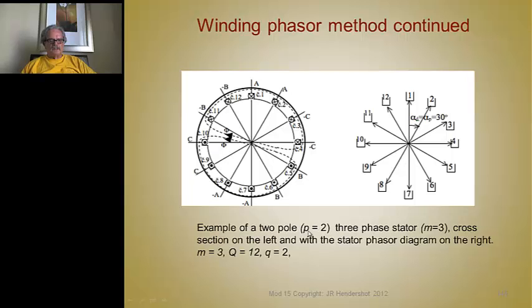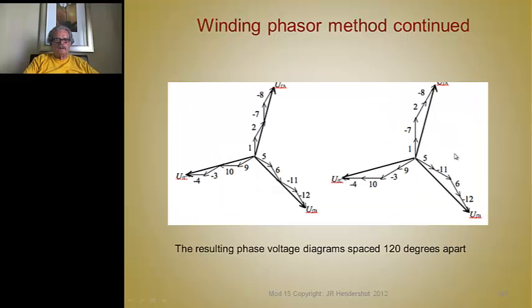So poles equals 2, phases equals 3, cross section on the left with a stator phasor diagram on the right. Phases 3, number of slots 12, so what you have is you need a phasor for every slot. So we've got 12 slots, so 12 into 360 degrees means the adjacent slots are 30 degrees apart. That's important.